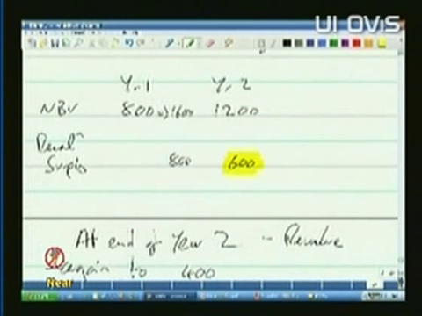So what we've done is we've revalued it downwards and used up the revaluation surplus, and anything excess has gone through the income statement. And that's the rule. A downward revaluation, you would use up the revaluation surplus first, and the excess would go through the income statement, or would affect profit or loss.